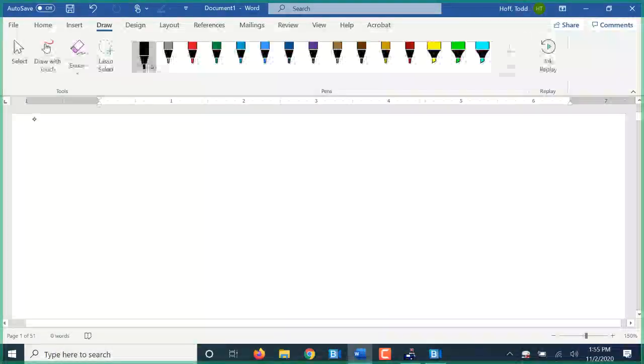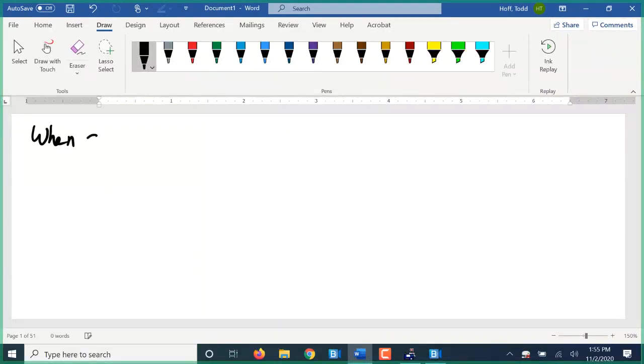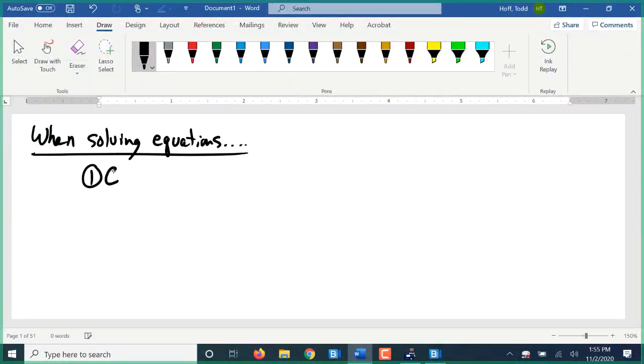So when solving equations, first thing we have to do is combine what we can on each side.